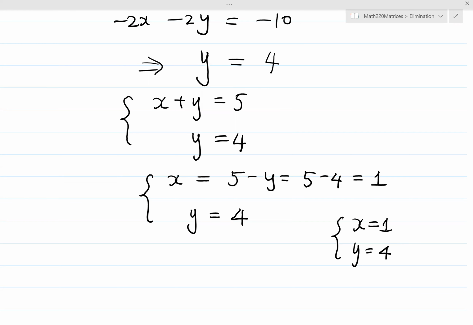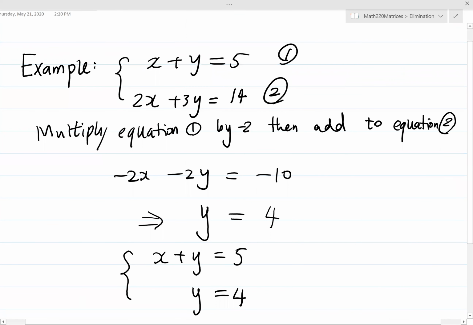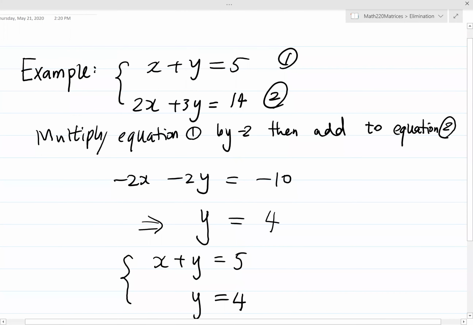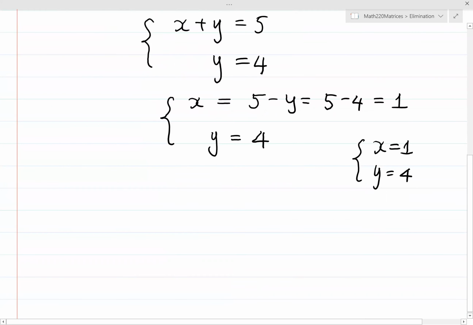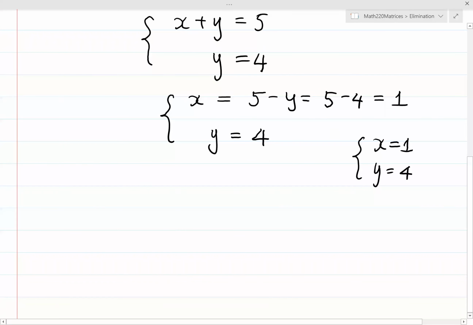Here the letters x, y are not important. You can use any letters, a, b or something. What is important is the coefficients, the numbers.